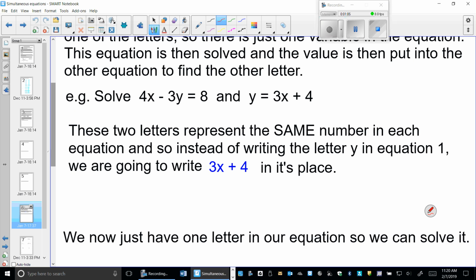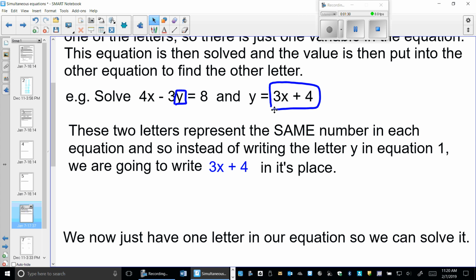So, here's our example. We've got 4x minus 3y is 8. Our other one is y equals 3x plus 4. So what we're saying is that if y is equal to 3x plus 4, then anywhere we see a y in this first equation, we can replace that with this expression.